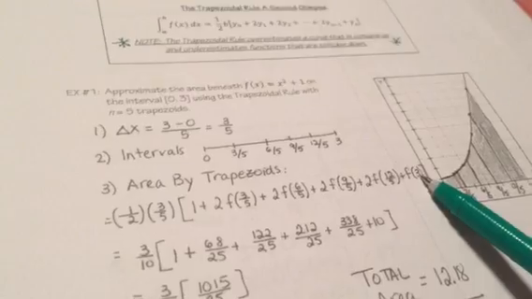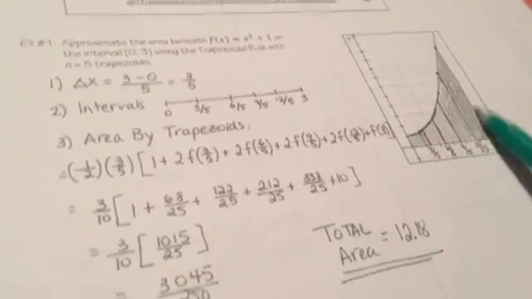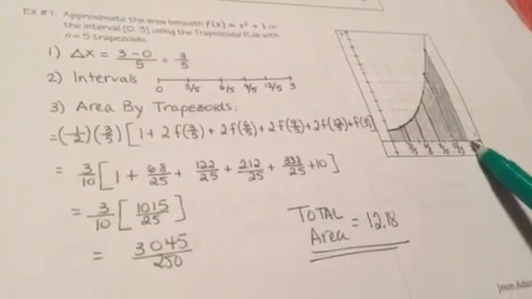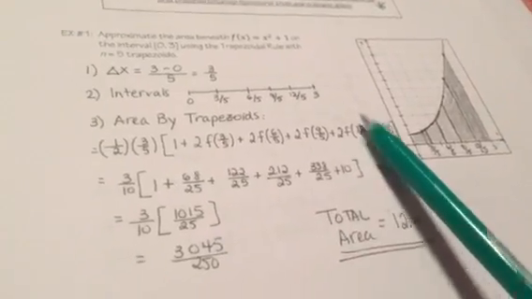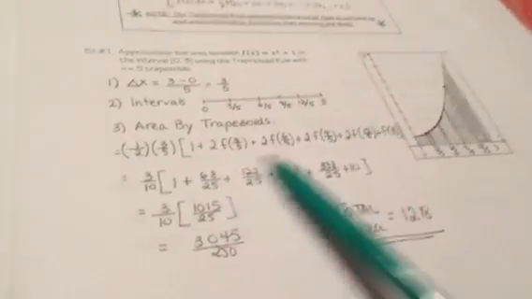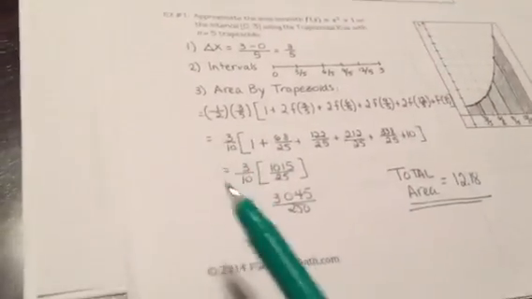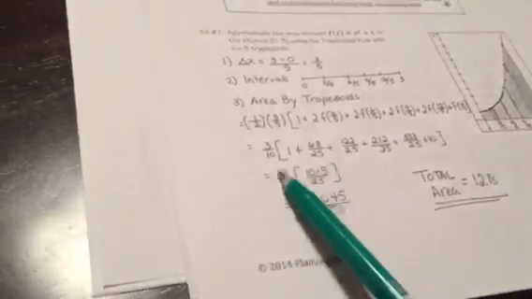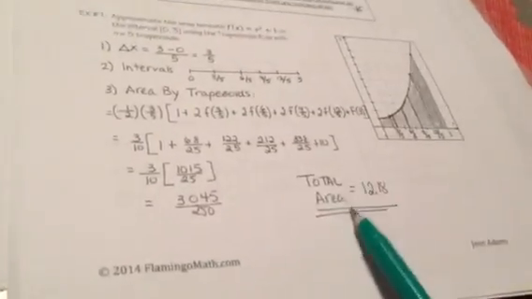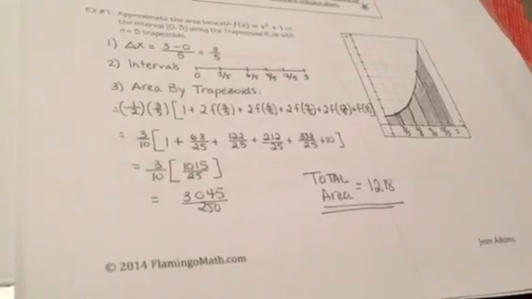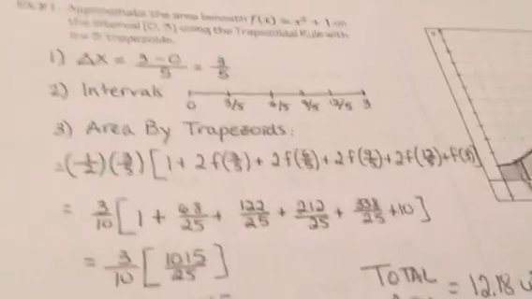Remember that the very last one, you don't multiply by 2 because it's only one base that you're going to use. Substituting these values into the x gives you these values. You add up everything inside, you multiply on the outside, then you finally multiply at the very end, which gives you a fraction. If you simplify that, it'll give you a total area of 12.18 units squared.